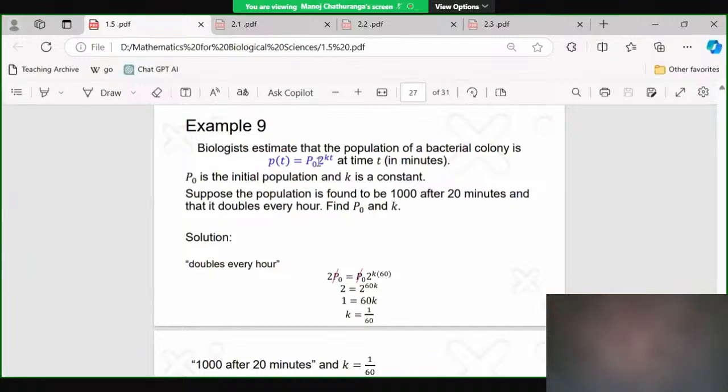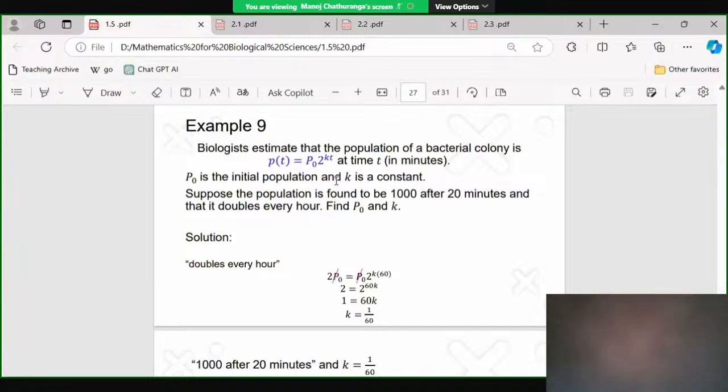You have this initial population P naught as a constant term. We take that number and multiply it by 2 to the power kt. Here k is some constant depending on the population growth. It may depend on the type of the bacteria.